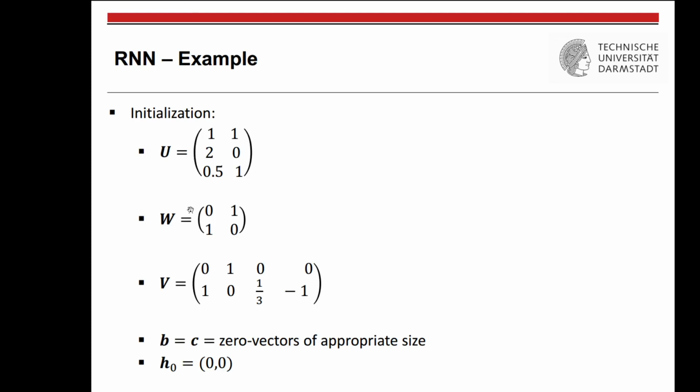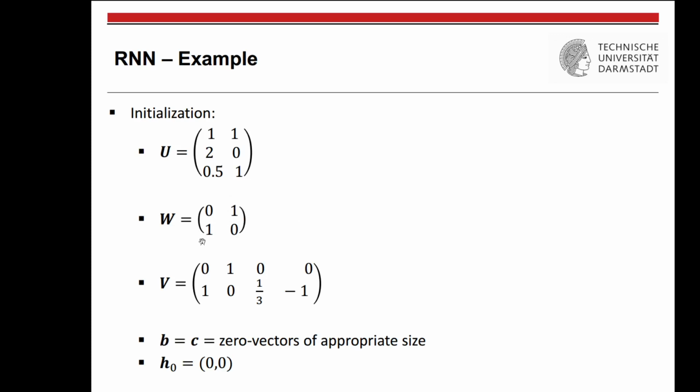Let's say we get our initial matrices U, W, and V as follows. U maps the input to the hidden layer. The hidden state we choose as being of size 2, arbitrarily. We choose one matrix randomly.